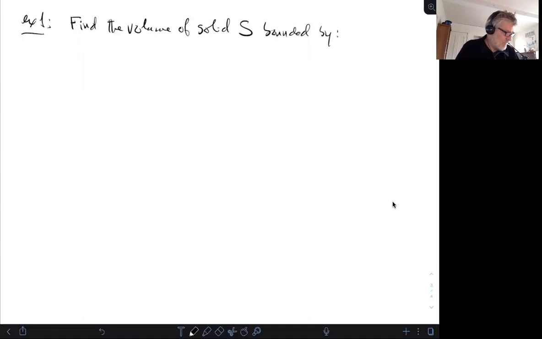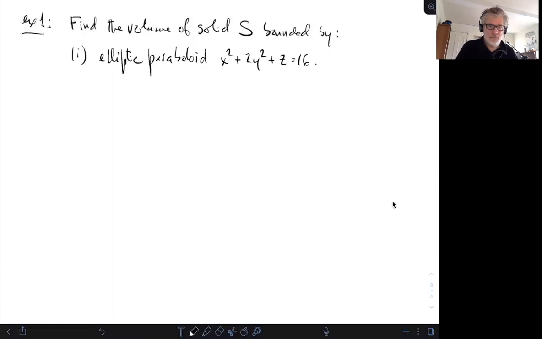First of all, an elliptic paraboloid. You'll see it's not so bad. The elliptic paraboloid x squared plus 2y squared plus z equals 16. It's also bounded by the planes x equals 2, y equals 2, and the three coordinate planes.